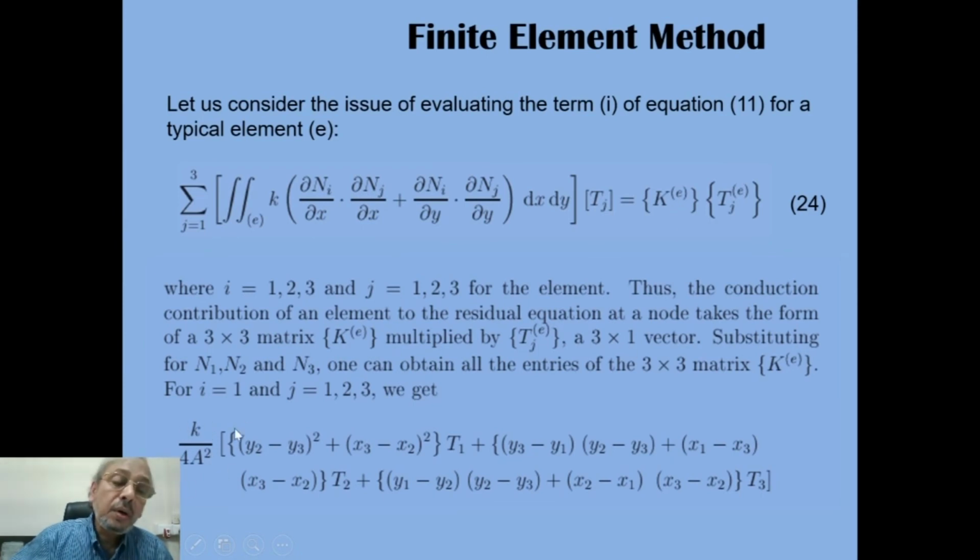So by taking i equal to 1, j equal to 1, 2, 3 and substituting for Ni and Nj in this equation, we know what is Ni, what is Nj. Here it will be N1, N2, N3, and so first we keep i as 1 and vary j as 1, 2, 3.